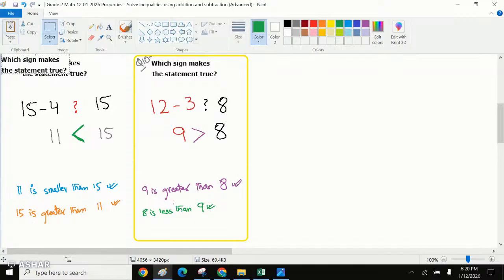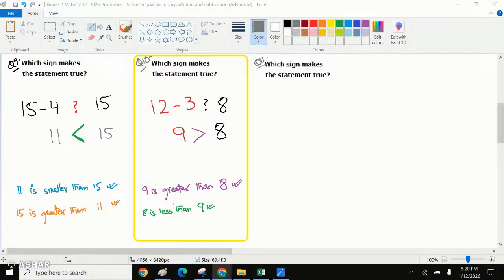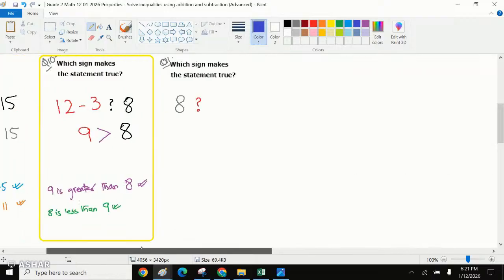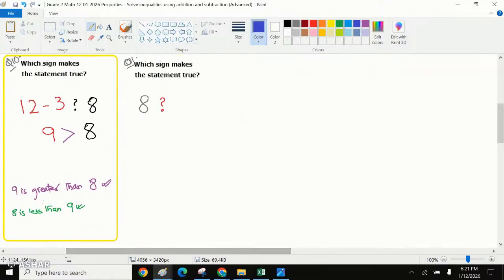Moving on to the next question, question number 11. The question states: 8, question mark, and 13 minus 5.